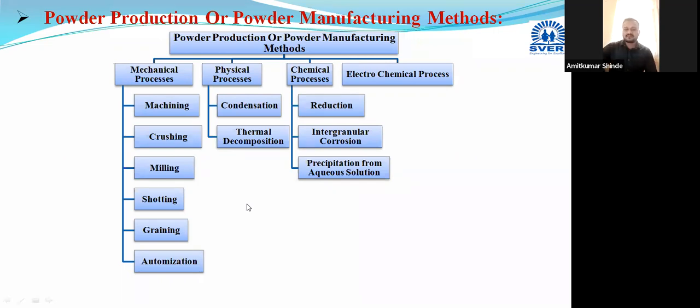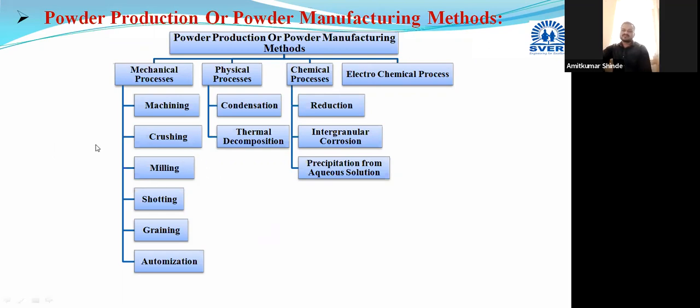Flake shape, like small pieces of a pencil or pen, like this, it will be flake shape. Or we have seen in the microstructure of gray cast iron, dark flakes of graphite are observed like that. Flake shape powder particles will be obtained after performing the crushing operation on ductile material.